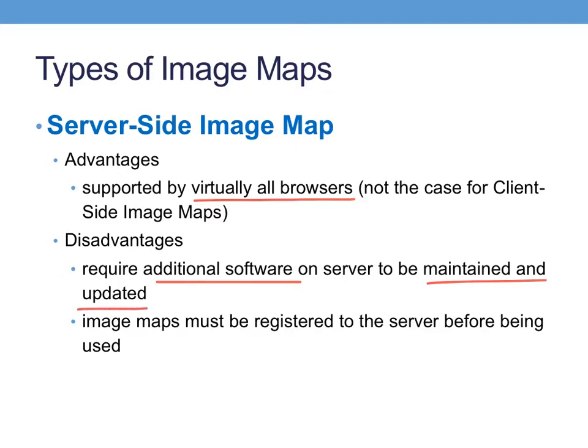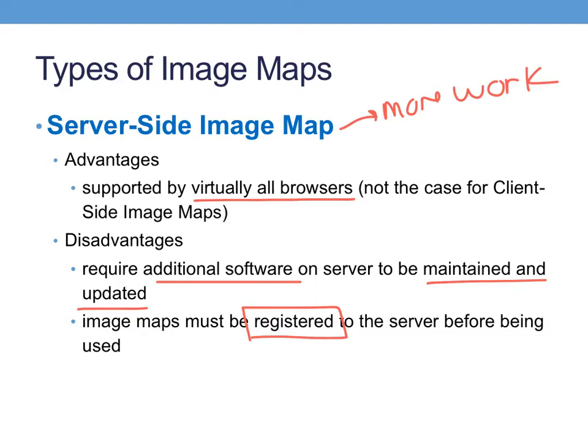The second piece is that in order to have your image map on a server, the image map needs to be registered to the server before actually being used. So this one is generally a little bit more work. So it's less likely to have issues and will work in more browsers, but it also is more work because you have to save it onto a server program, and then you also have to register that image map to the server.